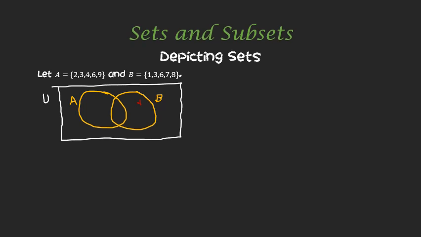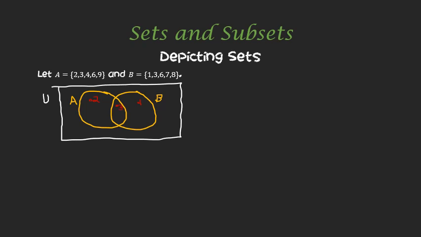2 is in A, but not in B, so I'll draw 2 over here. And then 3 is in both A and B, and so that'll go in here. This is what's called the intersection, which we'll talk about in the next section.